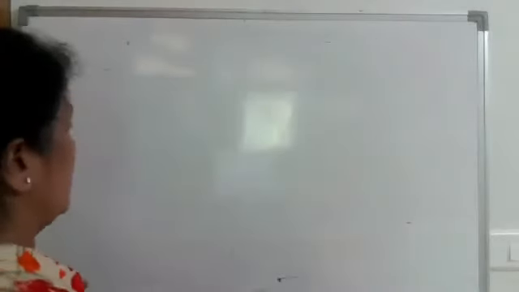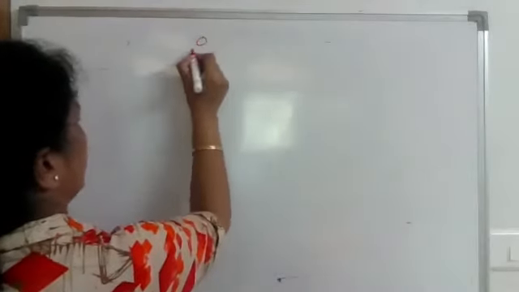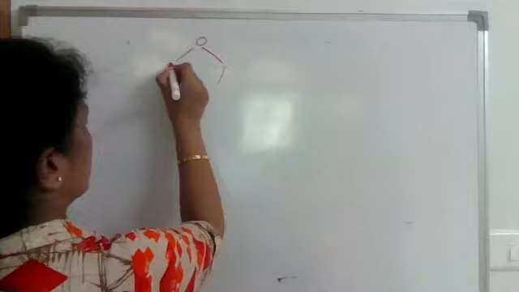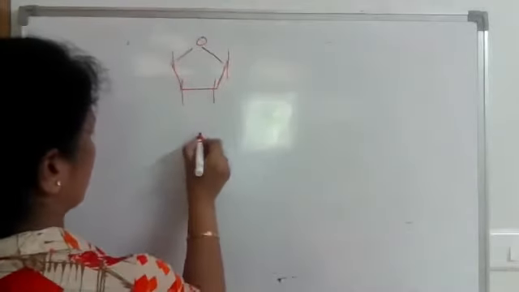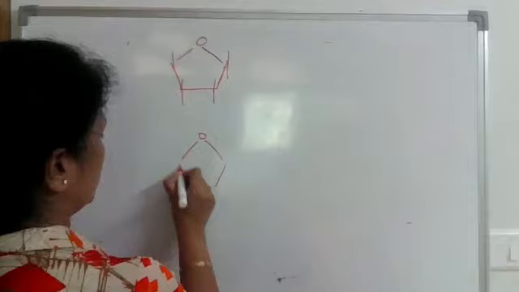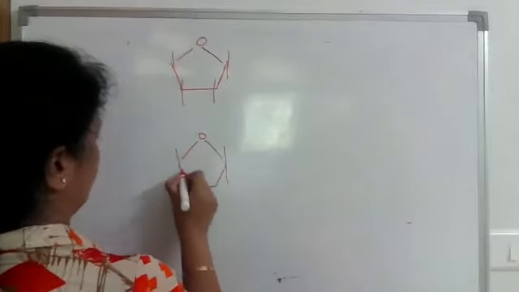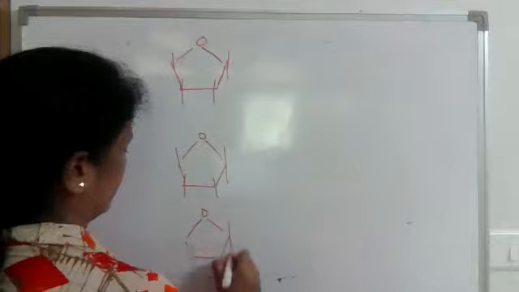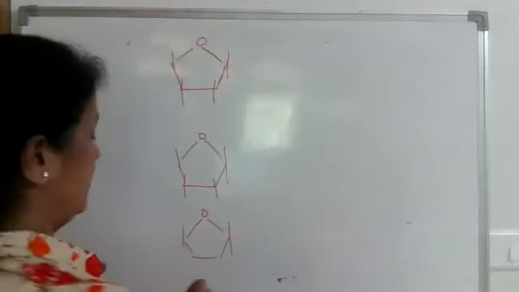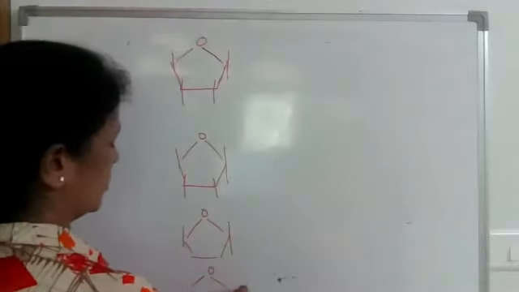Now, first of all, I would suggest that you draw 4 deoxyribose like this. Then it would be easier for you. Right? And you can draw one more here.